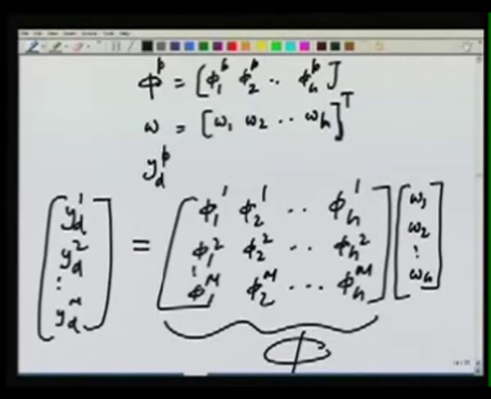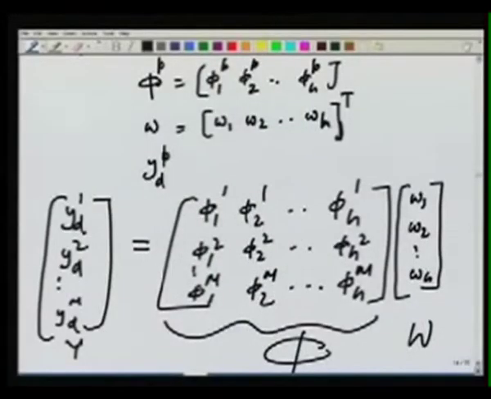So, what we got, in matrix notation, this is phi, this is weight, and this is, I can say, capital Y. Now you can easily see, because output has a linear relationship with weight, we can always represent it in matrix format.